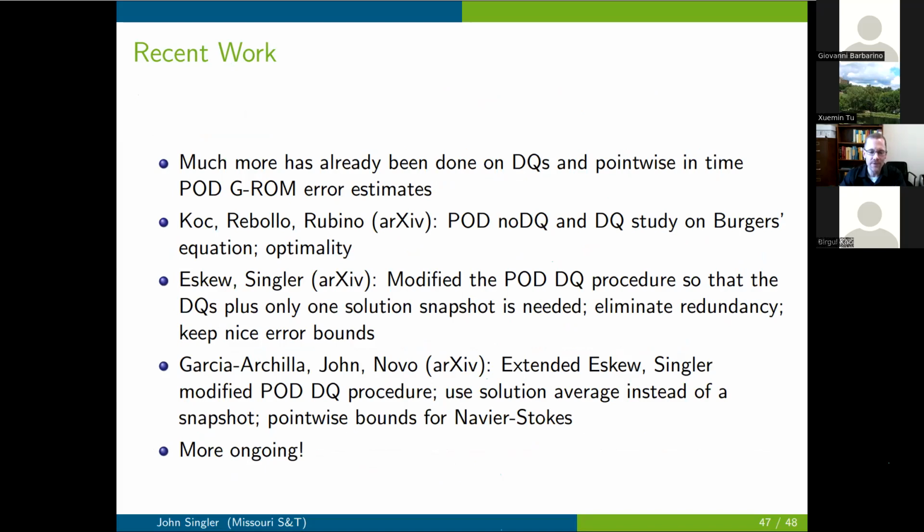I'll mention the paper I did with Sarah Locke, now Sarah Eskew. We looked at the difference quotients and threw away all the snapshots except one, and kept the difference quotients. And you can get all the pointwise error bounds in the same way.